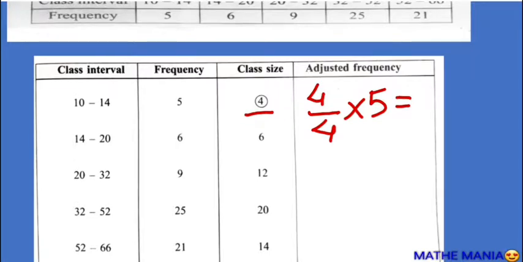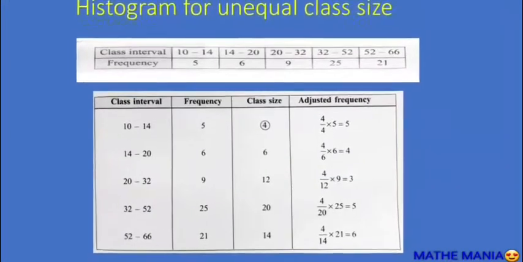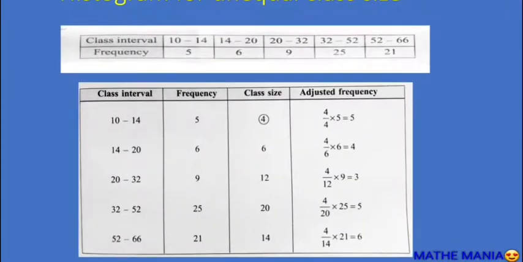So the adjusted frequency of the first interval is 5. In the same way, if I take this interval with class size 20, the smallest class size divided by the class size of that interval into its frequency will give us adjusted frequency 5. In this manner, when we find the adjusted frequencies of various classes, we get this table.